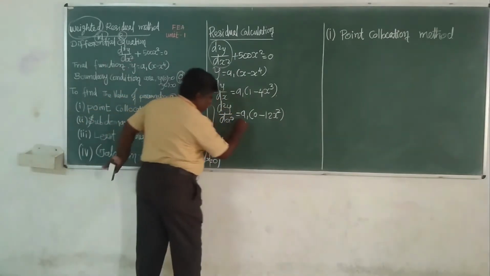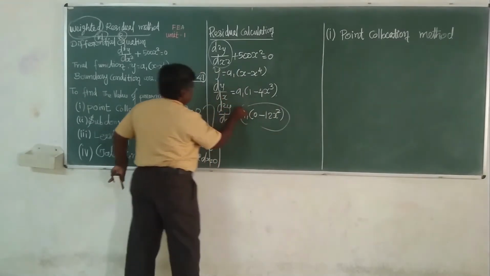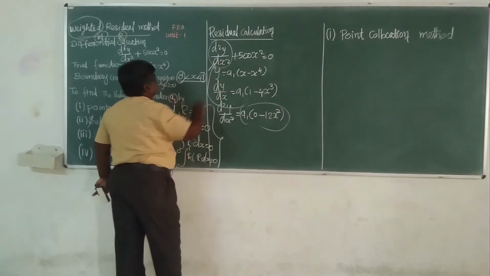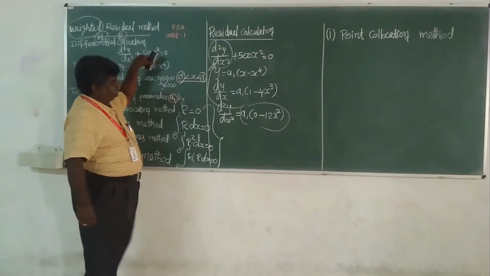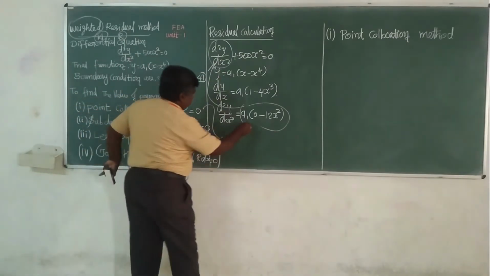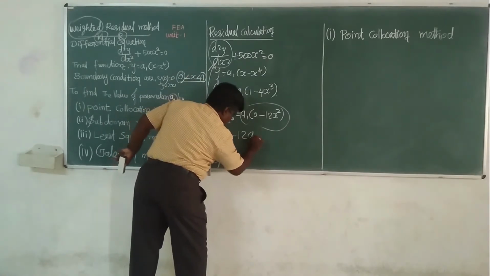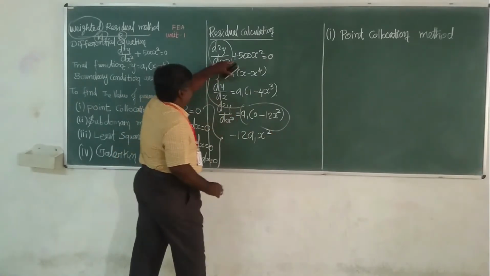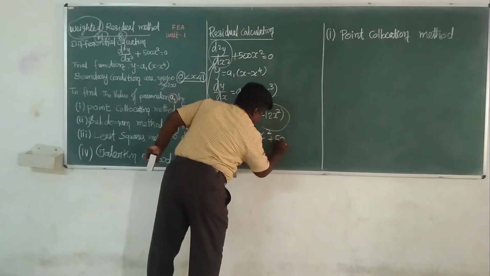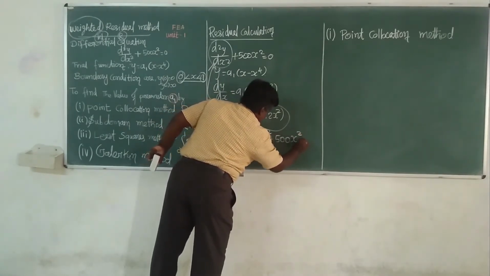We substitute this value into the given differential equation: -12 a1 x² + 500x².